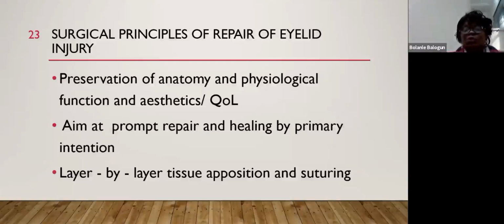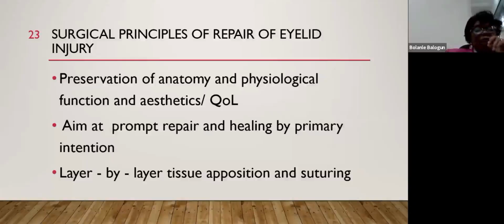We want to make sure that it is conjunctiva to conjunctiva, tarsal plate to tarsal plate, muscle to muscle, skin to skin. And that's important because in general practice, we find out that most of our patients, when they get to wherever they're taking their first treatment, the eyelid is just sutured anyhow. They come back to us much later and it becomes a problem.